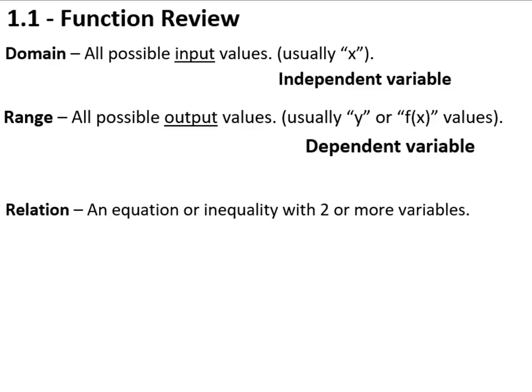Okay, so a relation is an equation or inequality that has two or more variables. So some easy examples might be like an equation of a line, y equals 2x plus 4.